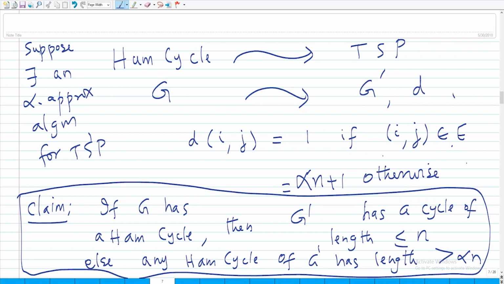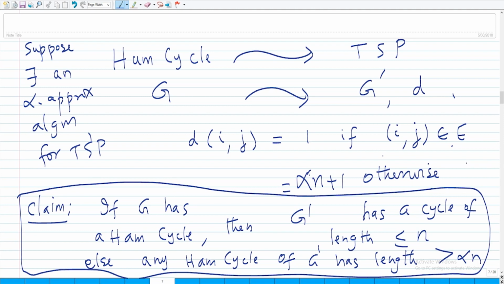So, the if and only if claim is slightly different here, but I have room to play around here, where I have put a really large weight, so that even an approximation algorithm will actually produce a Hamiltonian cycle. If G has a Hamiltonian cycle, the approximation algorithm is forced to produce a Hamiltonian cycle, because its length has to be at most alpha n.